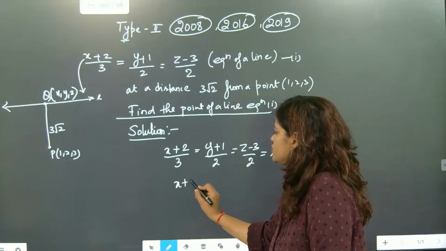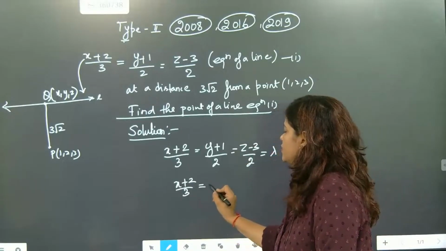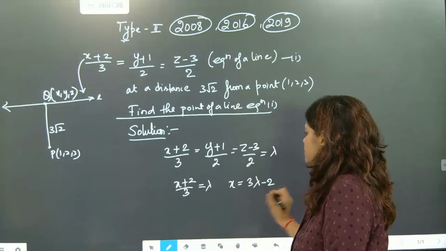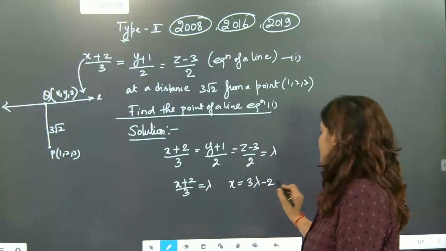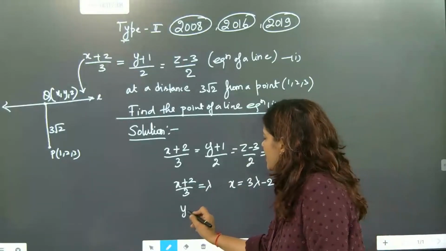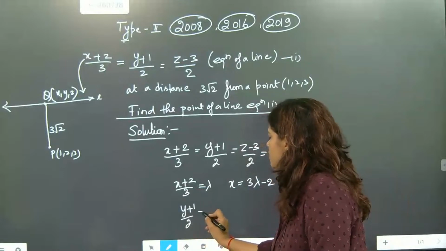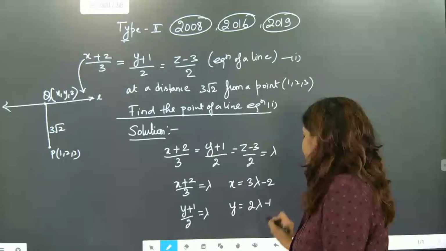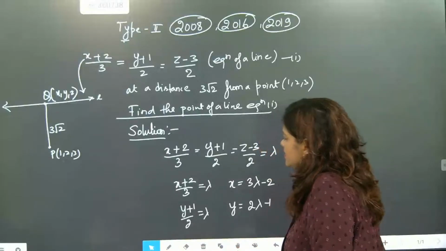So (x plus 2)/3 equal to lambda, so x will be equal to 3 lambda minus 2. We got the value of x. Now beta, (y plus 1)/2 equal to lambda, so y will be equal to 2 lambda minus 1. Now beta, next one is the z part.